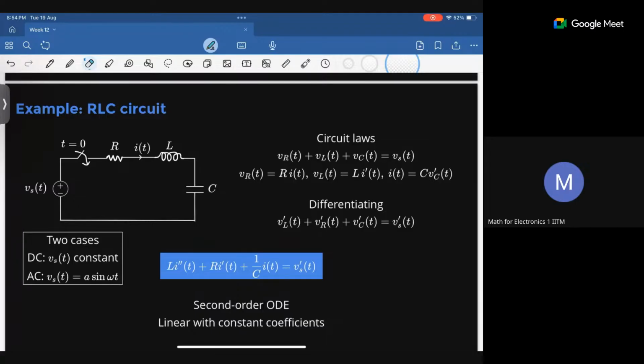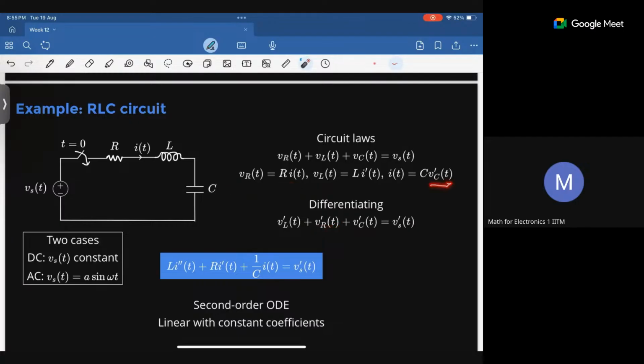Right, so then you differentiate the first equation. We'll have V prime L of t plus V prime R of t plus V prime C of t equal to Vs prime of t. Then for V prime L of t, you differentiate this expression; for V prime R of t, you differentiate this expression.